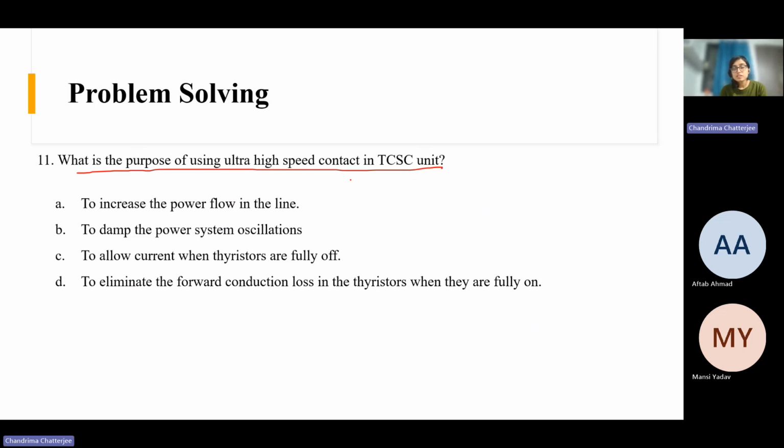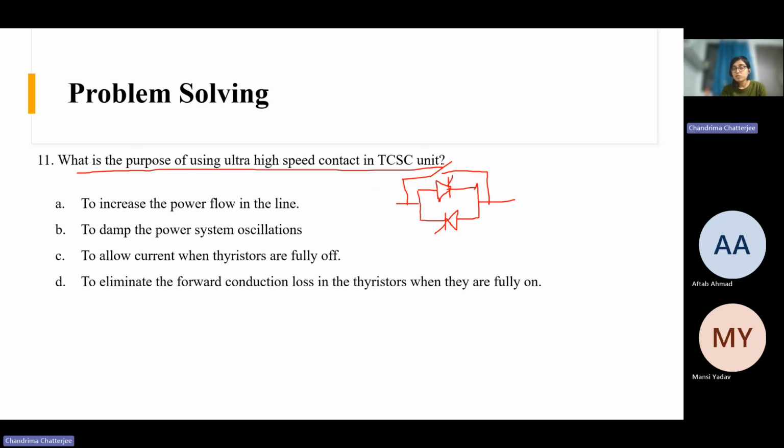In the beginning of the session, we discussed that if the thyristor unit was like this, then in parallel there was this kind of contact, which was referred to as the ultra high speed contact.